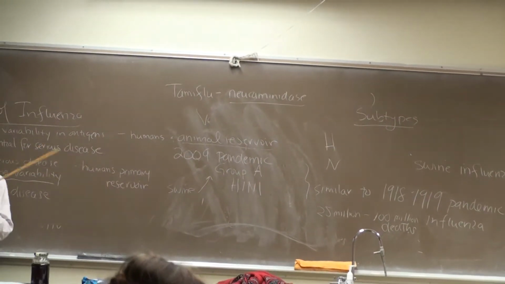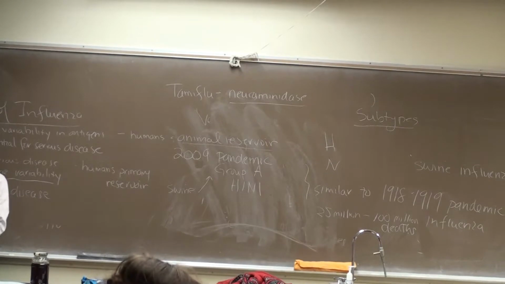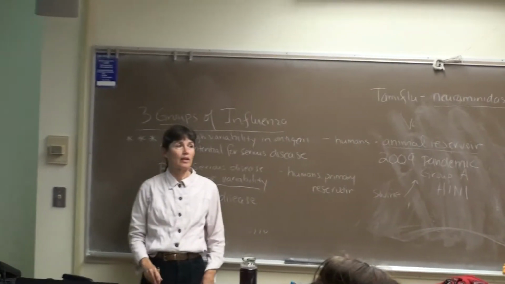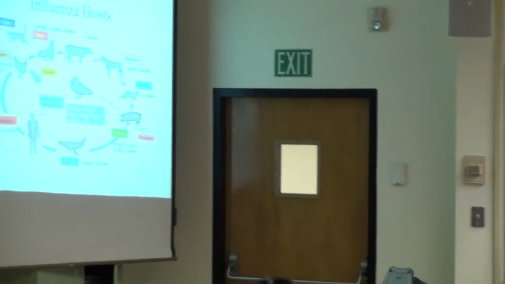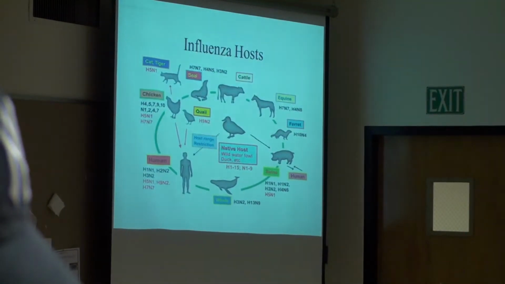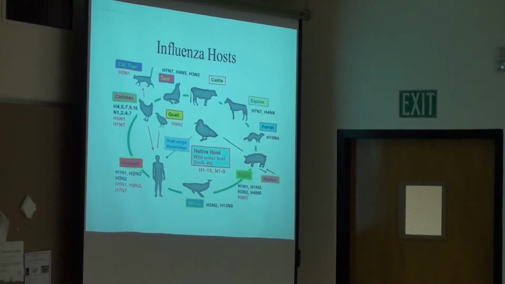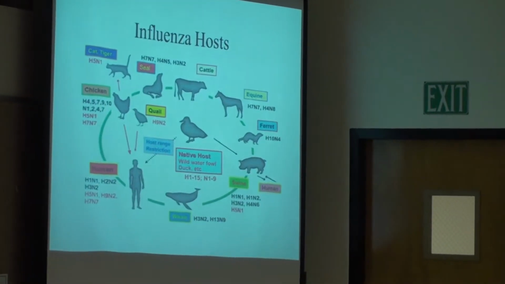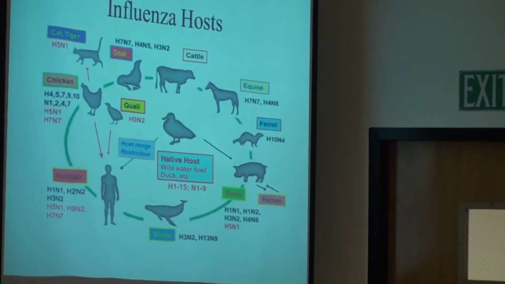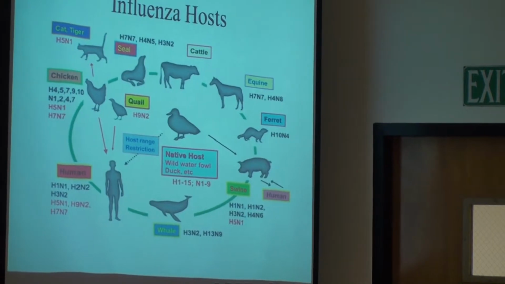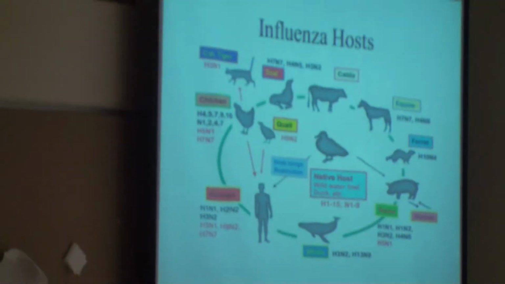Alrighty then. Now, I love this picture, you guys. I had no clue that influenza viruses could infect so many different animals. Okay, so we're going to use this diagram, first of all, to discuss who biologists think were the original hosts of influenza viruses, and then we're going to discuss the spread of influenza viruses from the original host to other organisms.